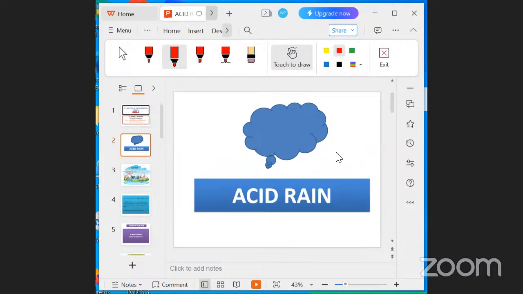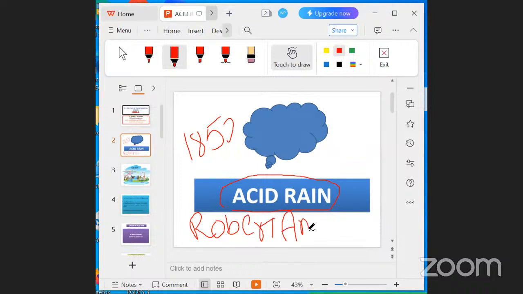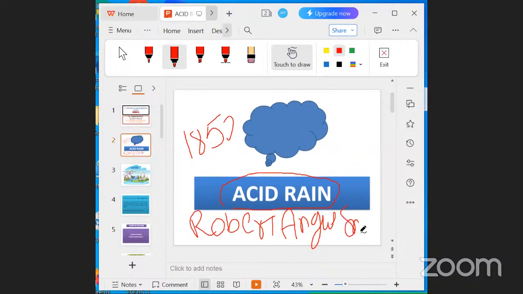So now, what is acid rain? The term acid rain was coined in the year 1852 by a Scottish chemist, Robert Angus Smith.